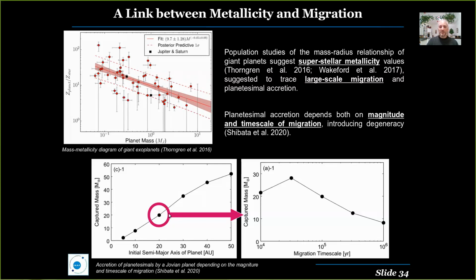However, there is a complication. It's the fact that the amount of material that is captured, and therefore the density of a planet, depends also on the time scale on which the giant planet migrates. As you can see here, a slightly faster or slower migration time scale can cause the giant planets to mimic the effect of forming farther away or closer to the star, introducing a degeneracy in this picture.